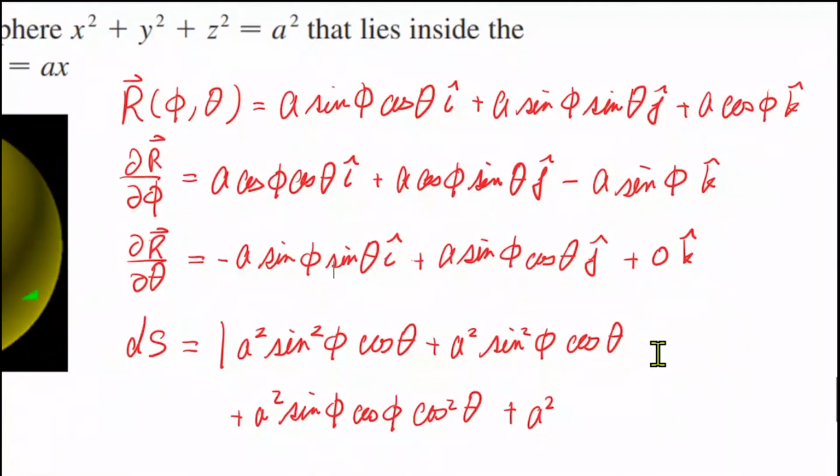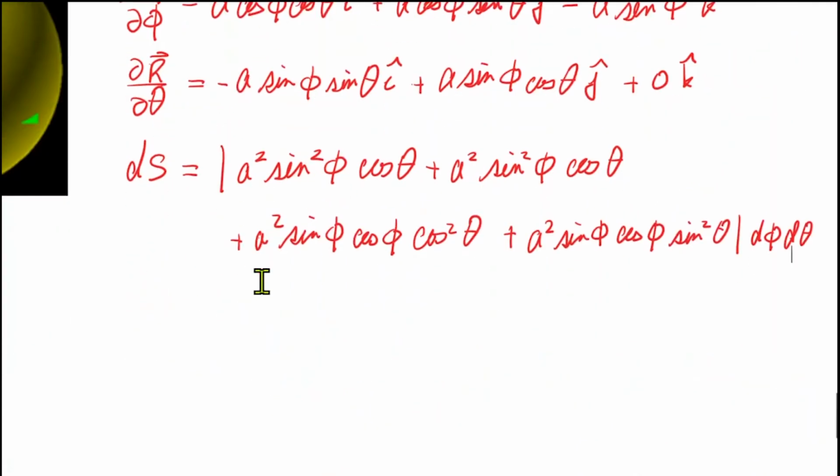Okay, so let's look at that one again. So a squared sine phi cosine phi sine squared theta, and then the dphi, dtheta. So far so good? Okay, let's see what we got.